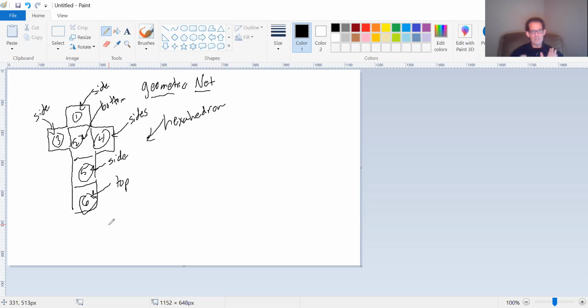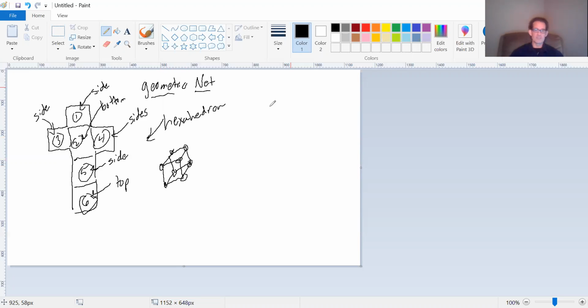One thing that's not easy to count on this are the vertices. When it's unfolded and flat like this, it's not very easy to see the number of vertices because when it folds together, those faces share vertices. So that's where you'd want to draw it as a three-dimensional object instead of being flat. Because now I can count 1, 2, 3, 4, 5, 6, 7, 8. I can clearly see 8 vertices at that point.